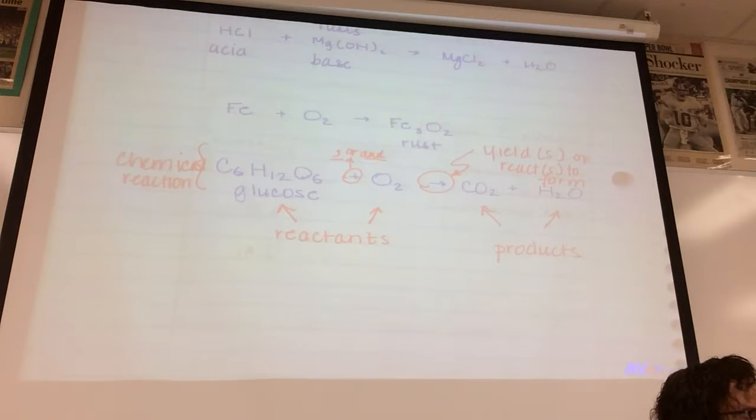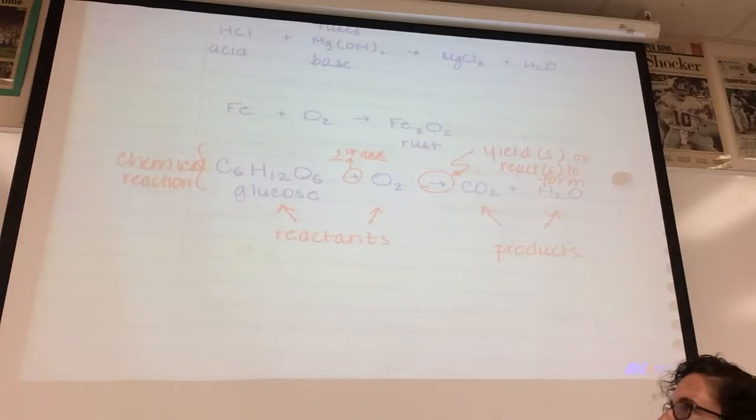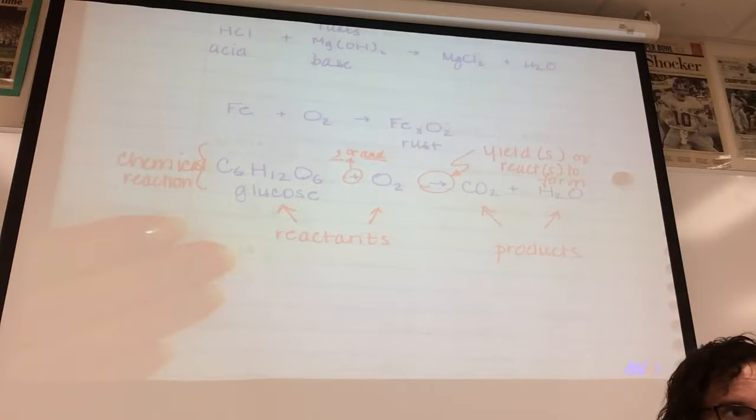So reactants are present at the beginning of the reaction. That's what you're looking for in blank A. Products are the substances that are generated or produced when the chemical reaction occurs. Questions here?